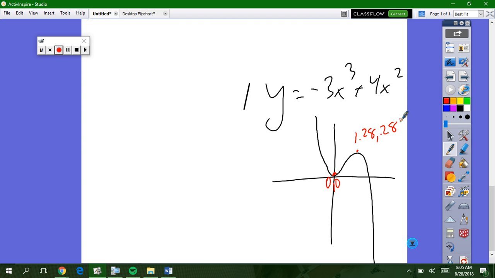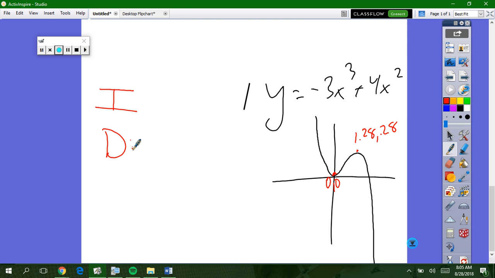Okay, so, ladies and gentlemen, this part right here, from negative infinity to that point, what are we doing? Increasing or decreasing? Decreasing. Notice as we're moving to the right, our y values are getting smaller, aren't they? So we have two different parts. We have increasing and we have decreasing.